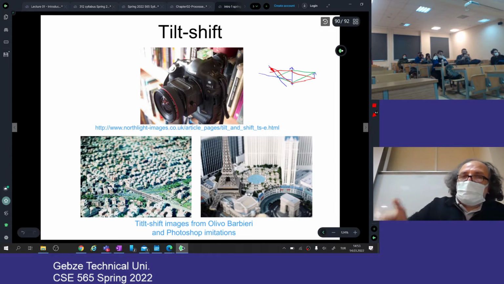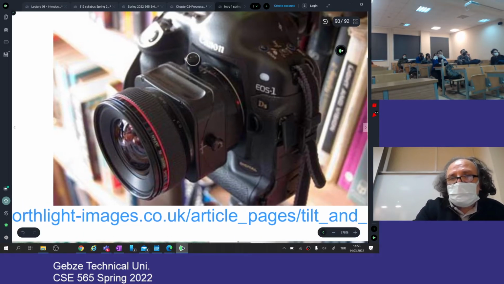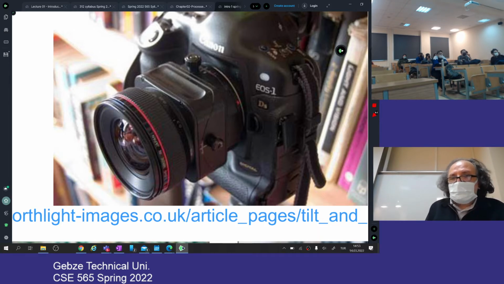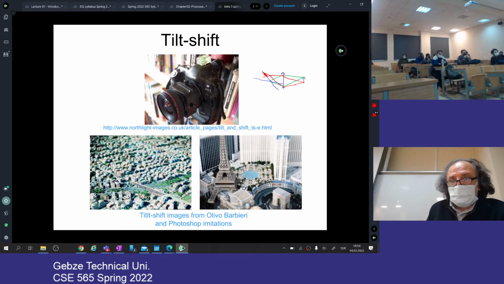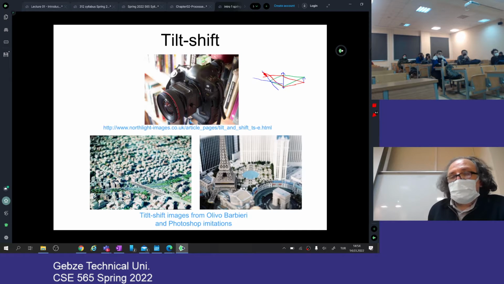I can tilt my lens. See this one? It is tilted. There are screws there and there. You can tilt your lens side to side or up and down, and that will give you those kinds of effects. It is very difficult to get a flower in focus and the background in focus altogether, but with these kinds of lenses, you can do that. So, tilt and shift lens.